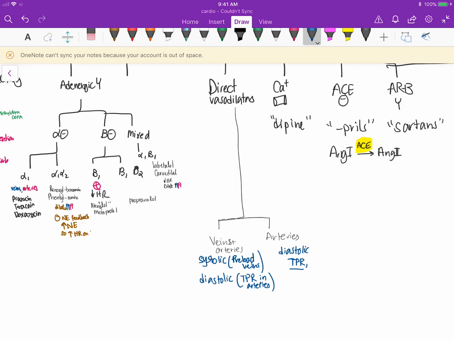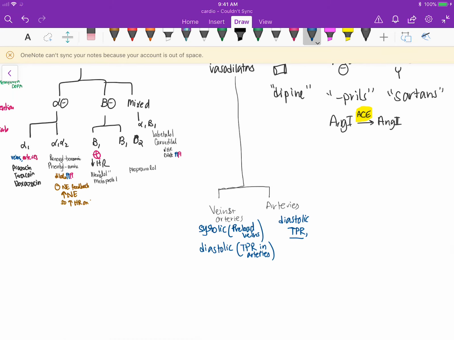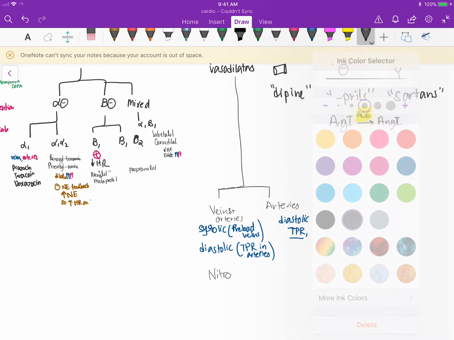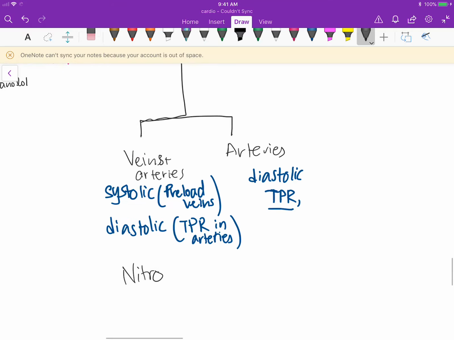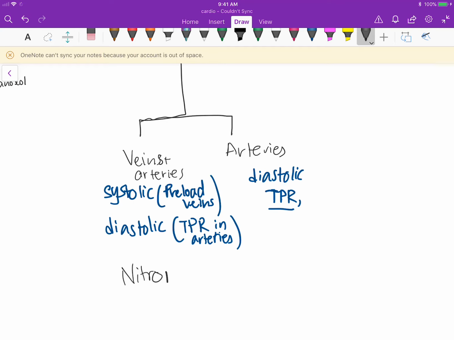Okay, so the drugs that do both are nitroprusside, and the drugs that are simply arterial dilators are hydralazine, diazoxide, and also minoxidil.